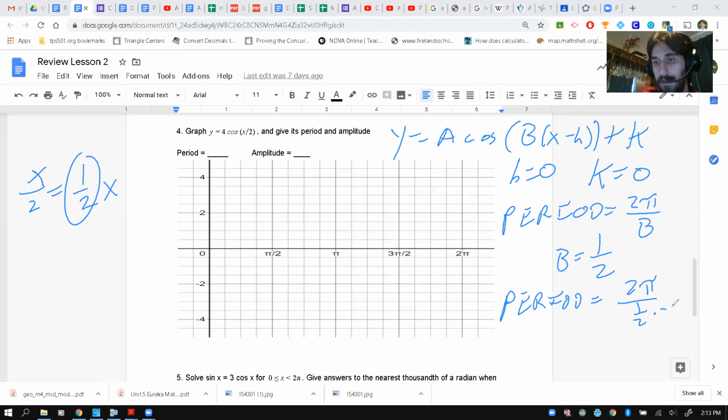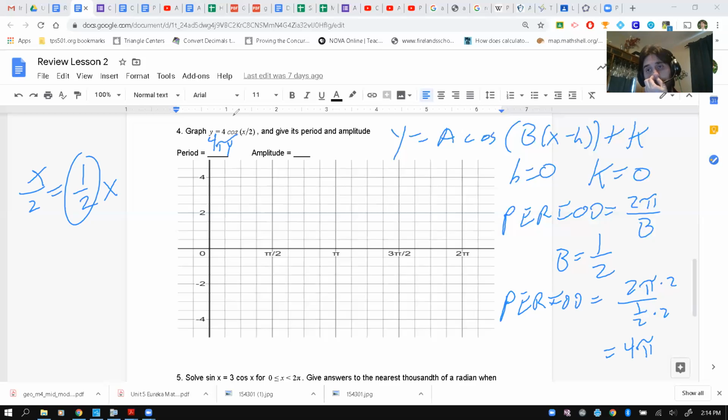Or if you think like, okay, I want to solve this fraction within a fraction, a half times 2 is 1, 2 pi times 2 is 4 pi. Right, so a half goes into 2 4 times, or if you do this little algebra, you should get in either case that the period is 4 pi.